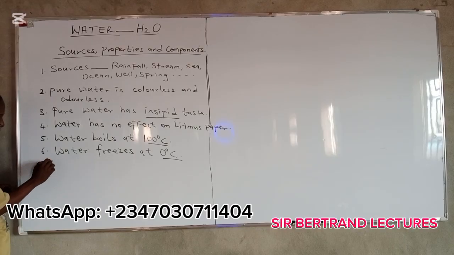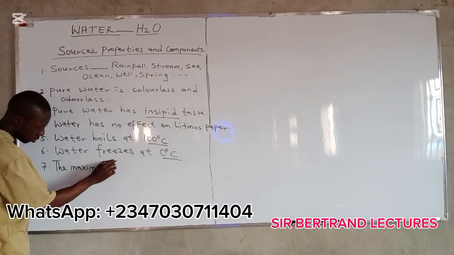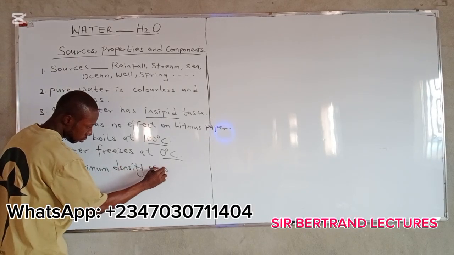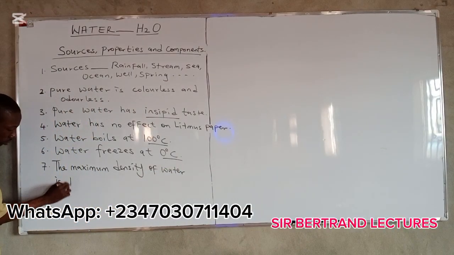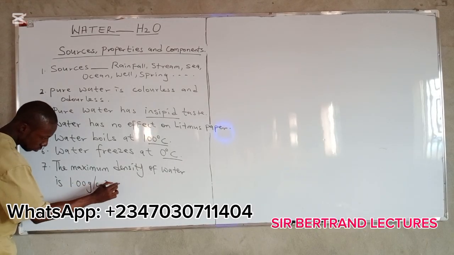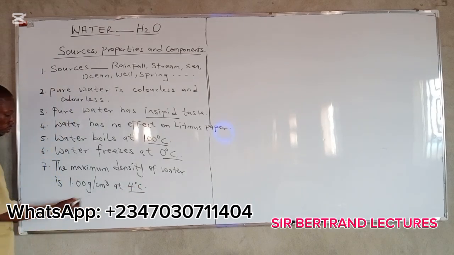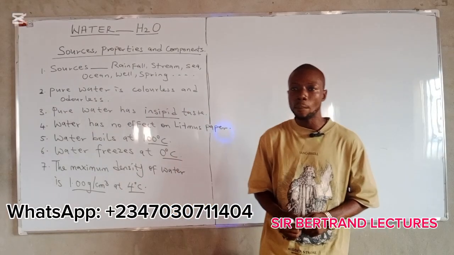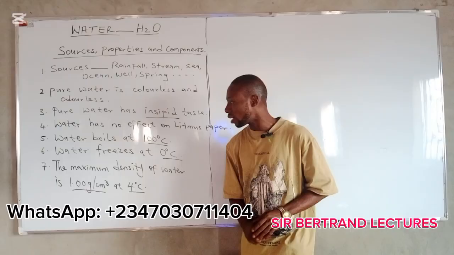Number seven. The maximum density of pure water is 1.00 gram per cm cube at 4 degrees Celsius.